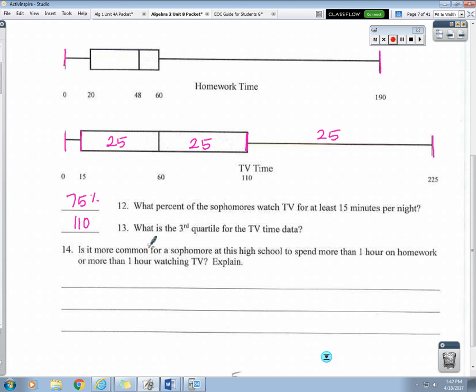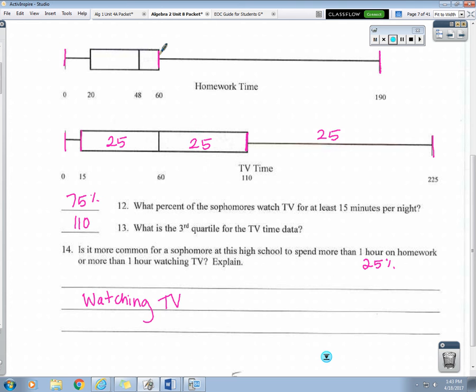Is it more common for a sophomore at this high school to spend more than an hour on homework or more than an hour watching TV? Watching TV, because all you had to do is look at more than an hour on homework. What percent spent more than an hour on homework? 25% spent more than an hour on homework, because all you would do is go to the homework box and whiskers plot.